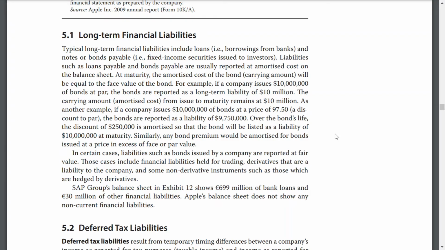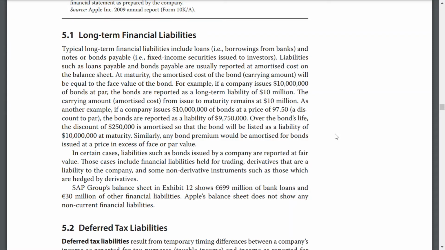As another example, if a company issues 100 million in bonds at a price of 97.5, a discount to par, the bonds are reported as a liability of 97,500,000 at issuance, with a discount of 2,500,000. The discount is amortized so that the bonds will be listed as a liability of 100 million at maturity.